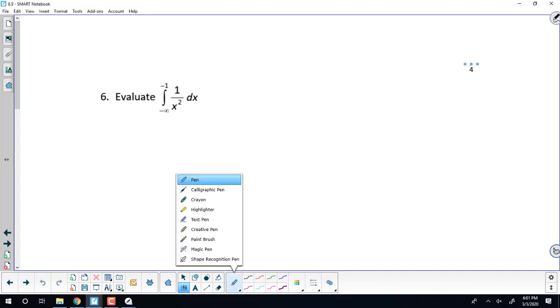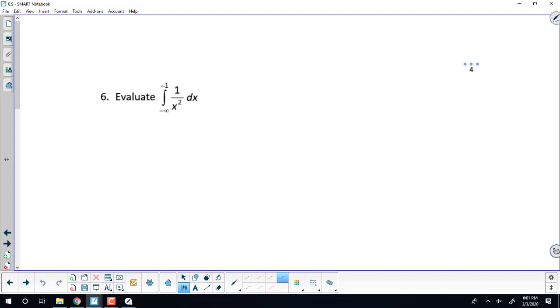When we see something like this, we want to identify the piece that's making it improper and relabel that. So we're going to relabel this as the integral from a to negative 1, and then let a go to negative infinity. The choice of letter there is totally up to you.